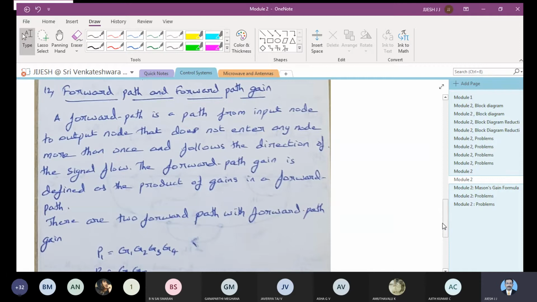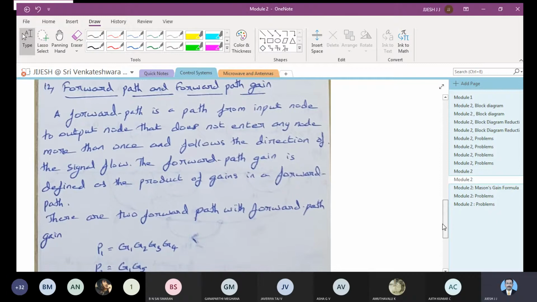Understand these things carefully. Just note down these things. I will explain once you complete it, once more with the figure, so it will be clear for you. Just write down these points.